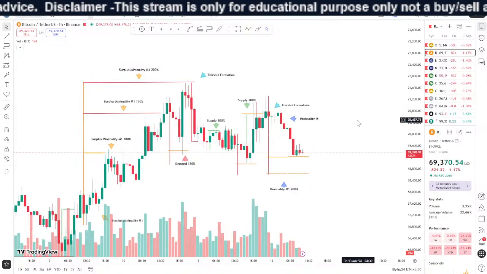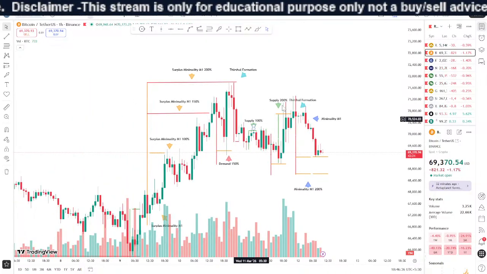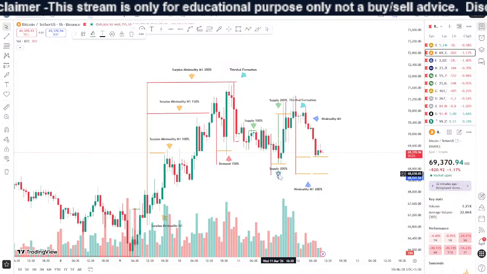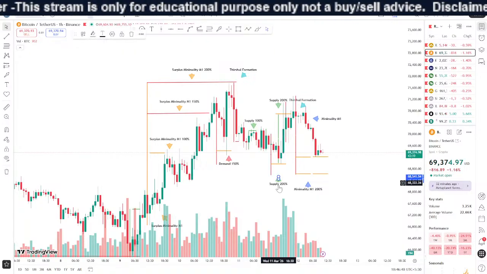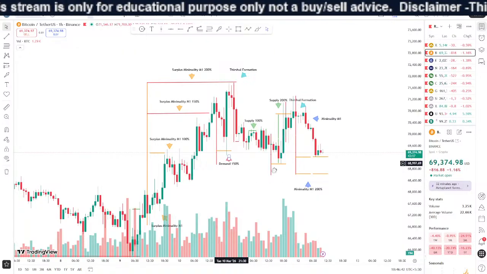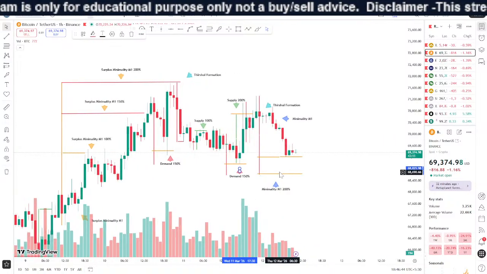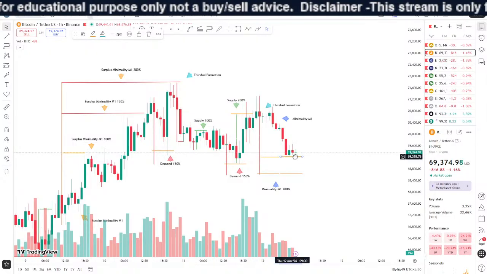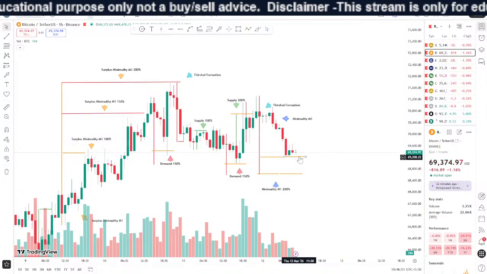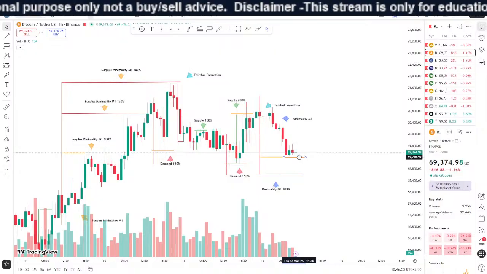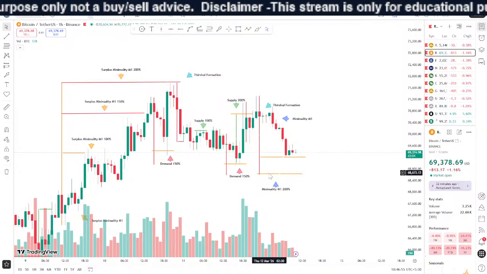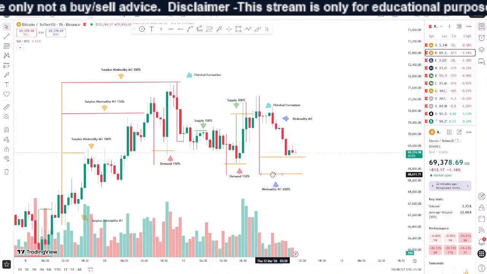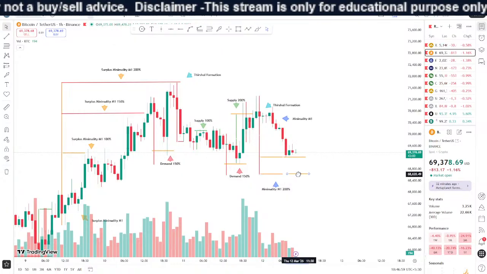With 200% break, demand formation. We already have 150.